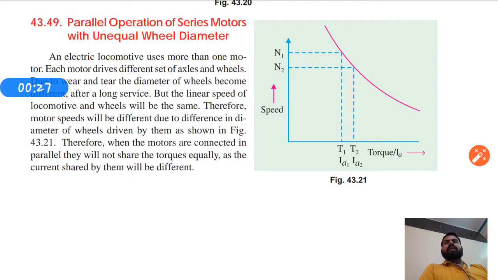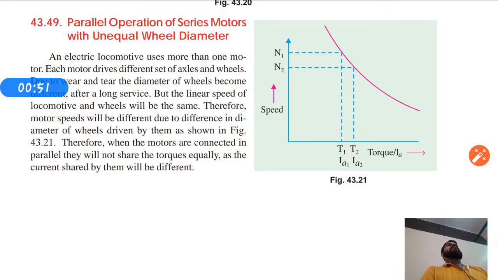Basically, not only a single motor is used for the traction purpose, there is more than one motor used for the traction purpose. And when the number of motors is more than one, they are arranged in parallel or in series.